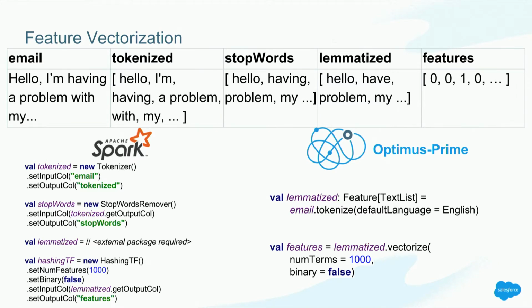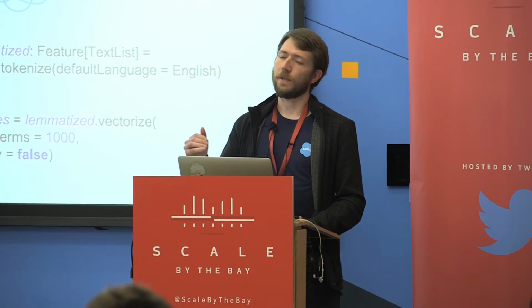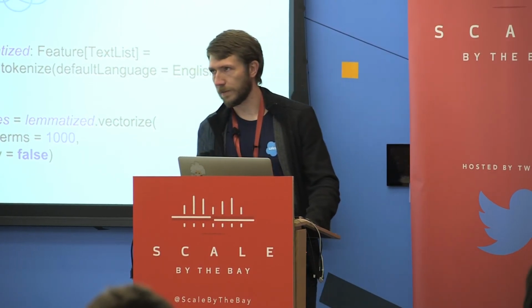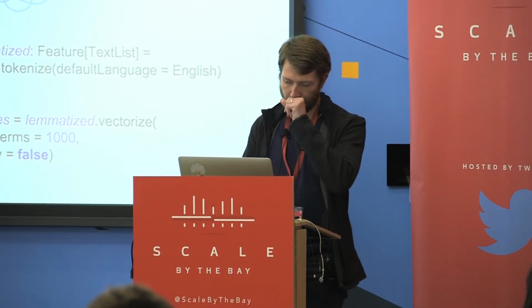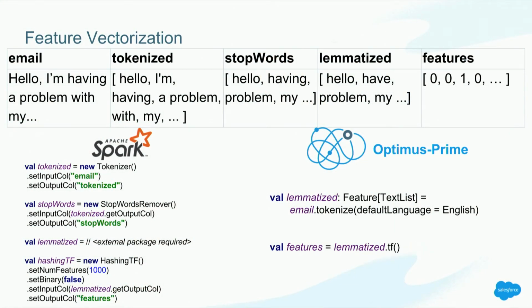After it's lemmatized, that returns a feature of type text list, so it's a list of strings, basically. Because we know it's a list of strings, we can vectorize that as well. We've got the same thing going on in the back end, the hashing transformer. We specify the same parameters, but it's a more concise and type-safe syntax. And if you want to use a different vectorization method, for example TF, term frequency, or TF-IDF, those are available as well.